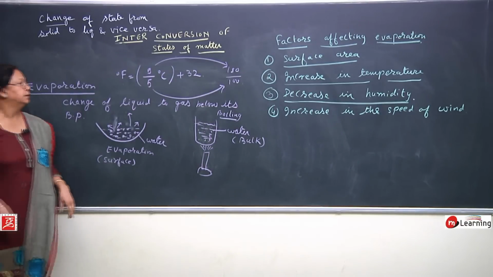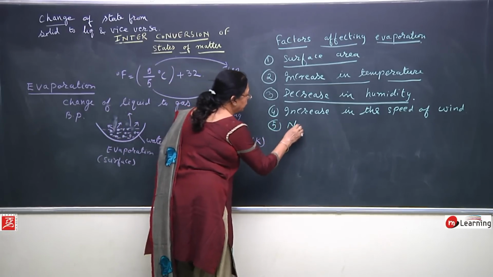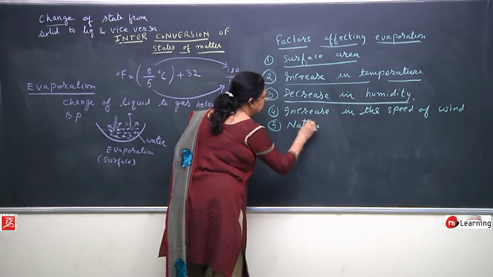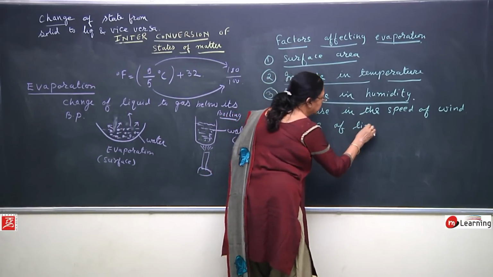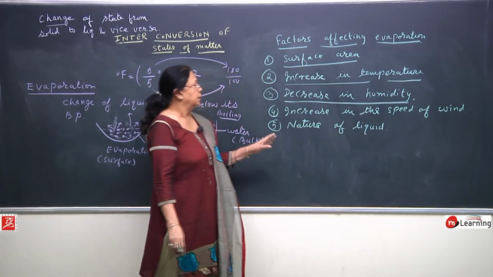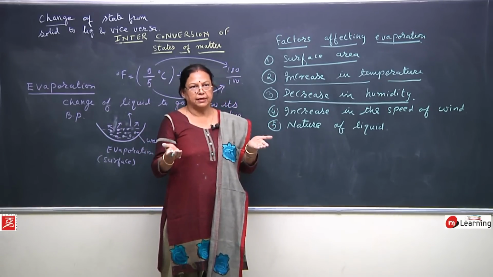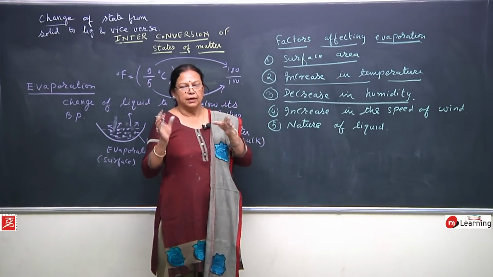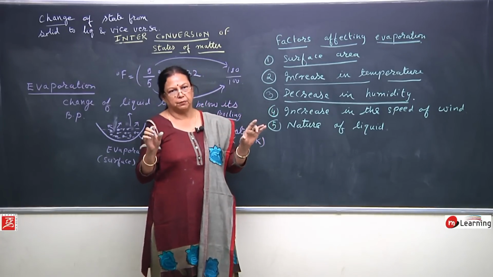Then one more thing, that is nature of liquid. Nature of liquid means, if we take different liquids and see their rate of evaporation, every liquid will have a different rate of evaporation.